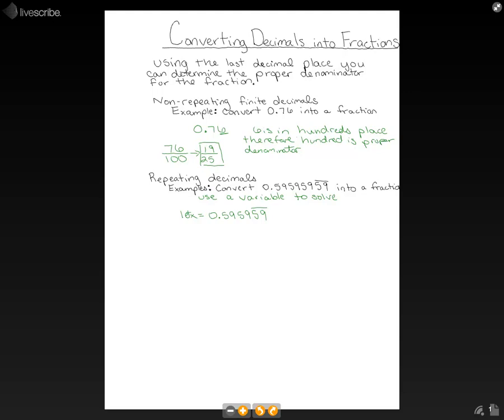And we're going to multiply our variable x by some power of 10 to get the decimal places to line up.